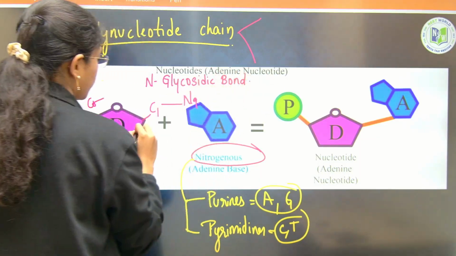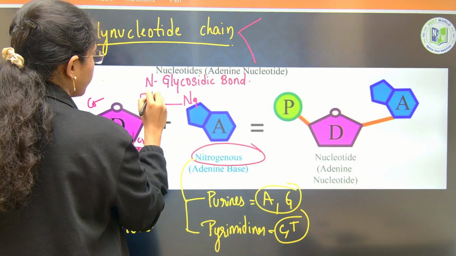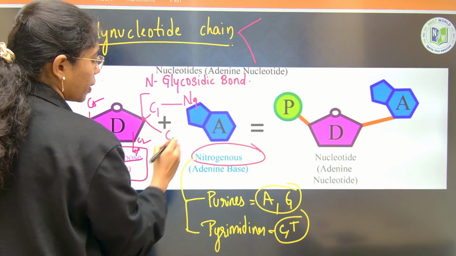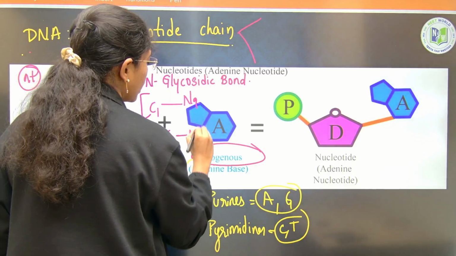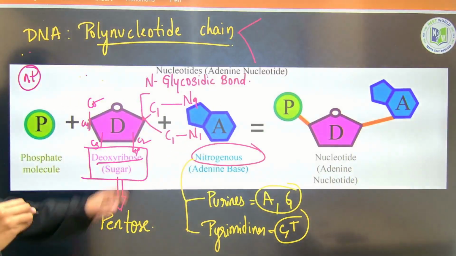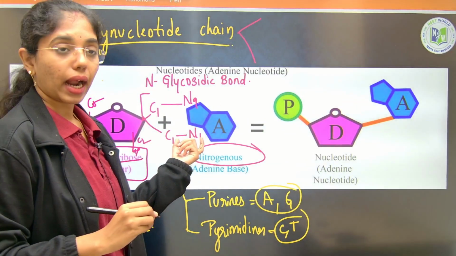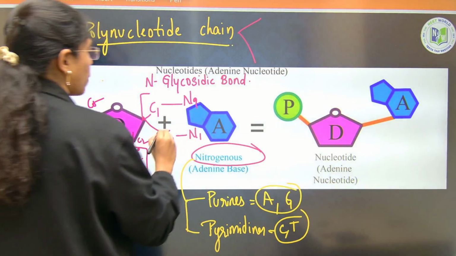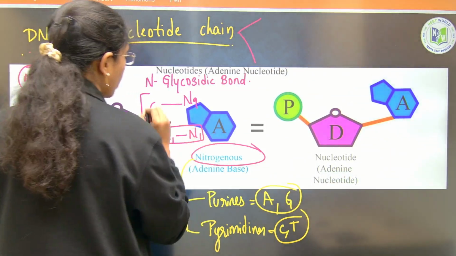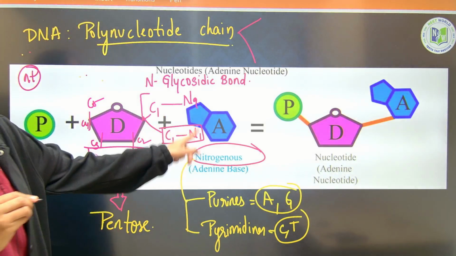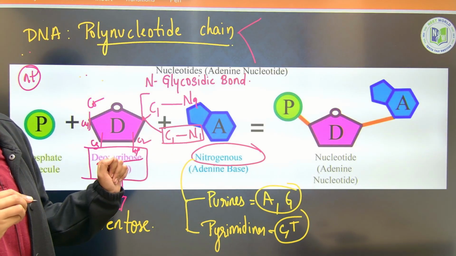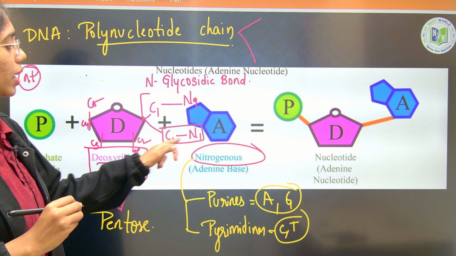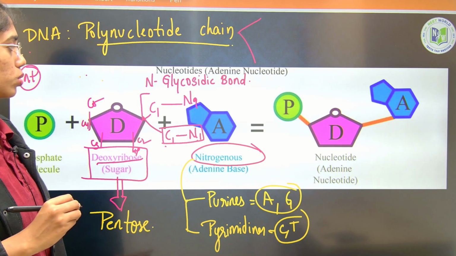If it is a pyrimidine, C1 of the sugar is bound with N1 of the pyrimidine. C1 and N1, which is what connection again? N-glycosidic bond. C1 carbon of the sugar is bound to N1 of the nitrogenous base.